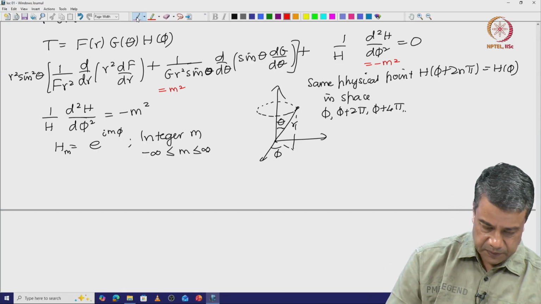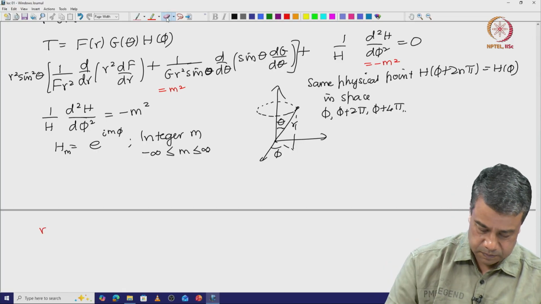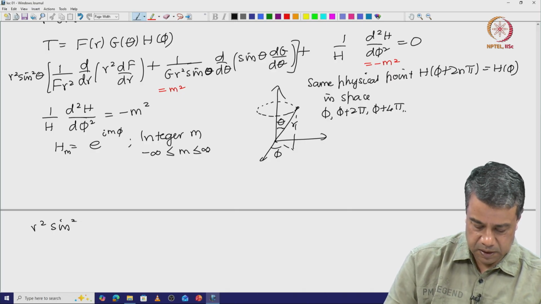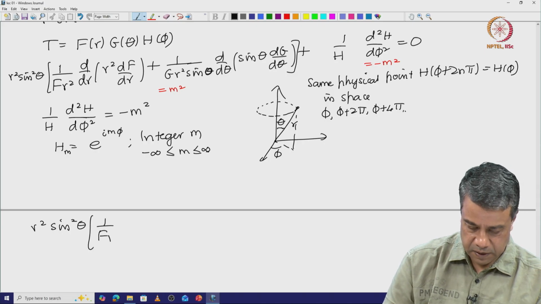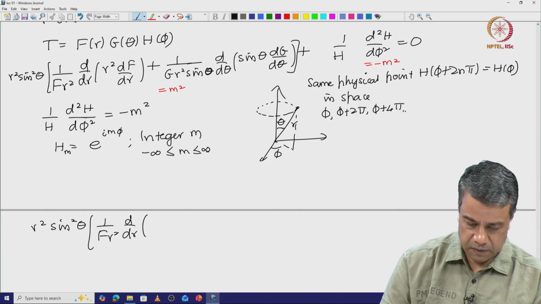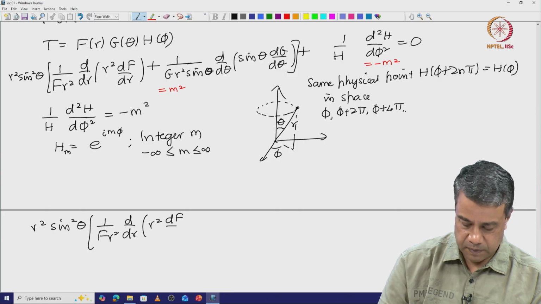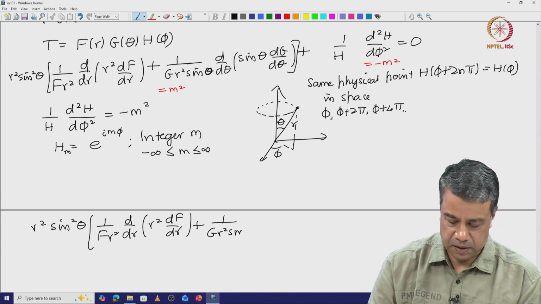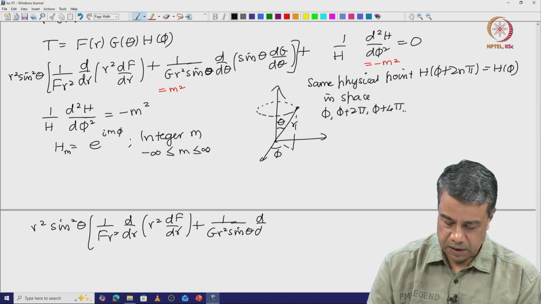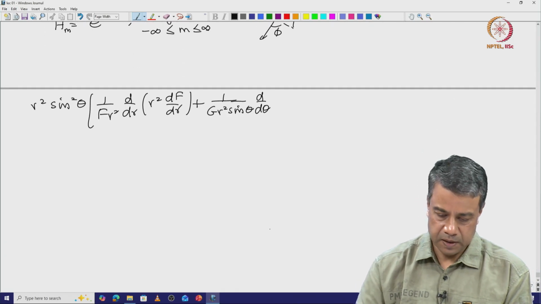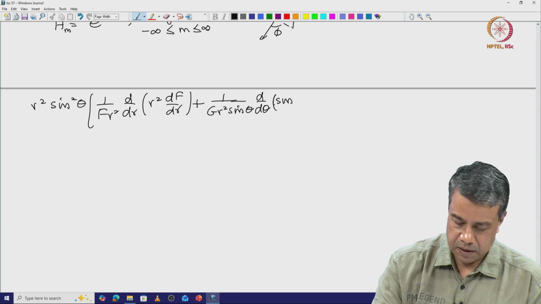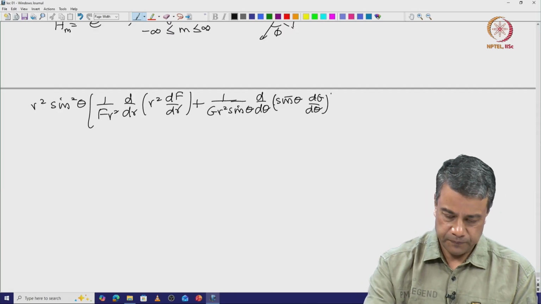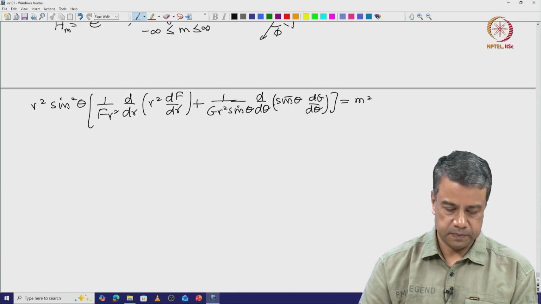So, therefore, I have r square sine square theta into 1 over f r square d by dr of r square df by dr plus 1 over g r square sine theta d by d theta of sine theta dg by d theta, is equal to m square.